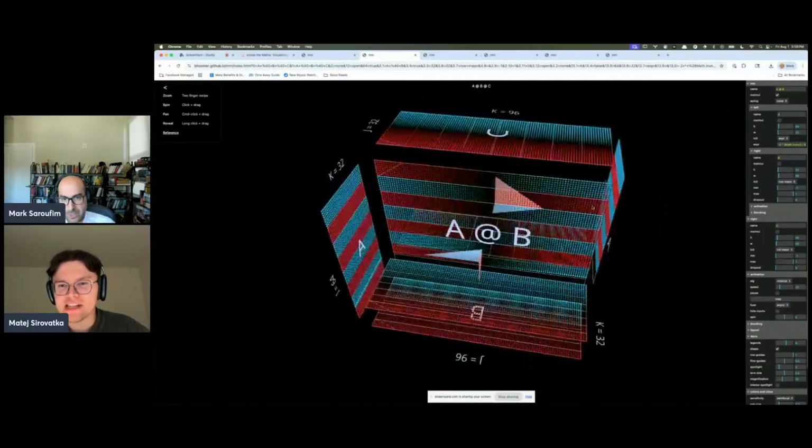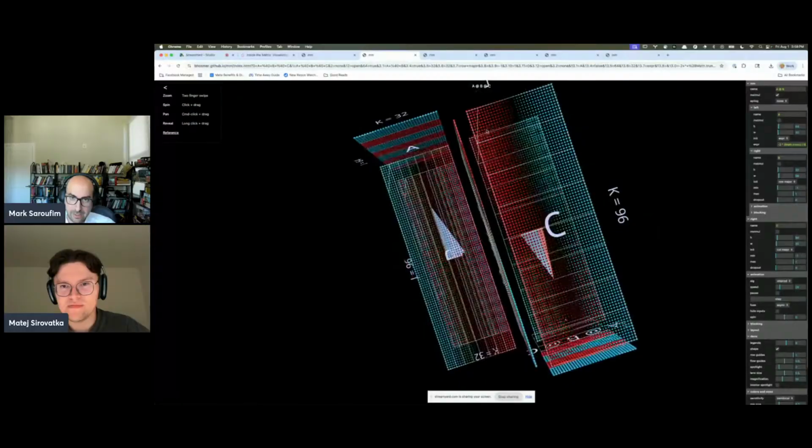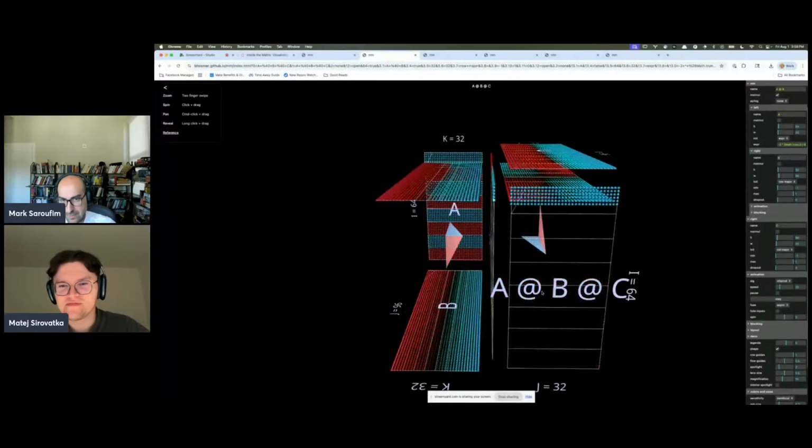Once we get a whole row of A times B, then with the column of C, which we already have, we can start A times B times C, right?